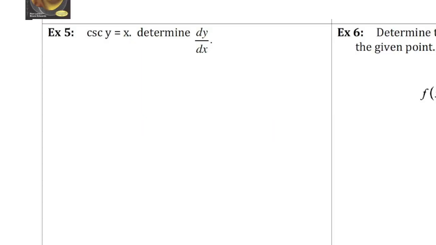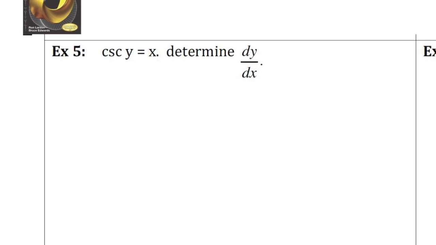Okay, so what we're going to do next is find the derivative of a trig function. And as we do this, let's look through the cosecant. You know we're going to keep the cosecant y, cotangent y, but now we need the derivative of y. Using implicit differentiation, we get dy dx, and that will equal the derivative of x, which is 1.